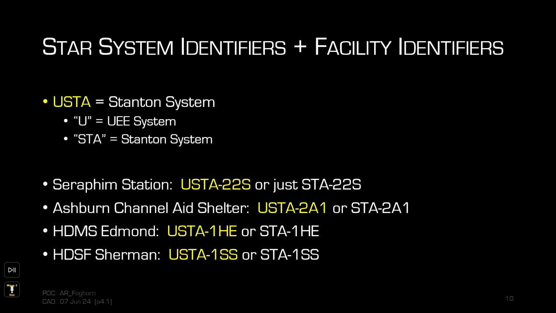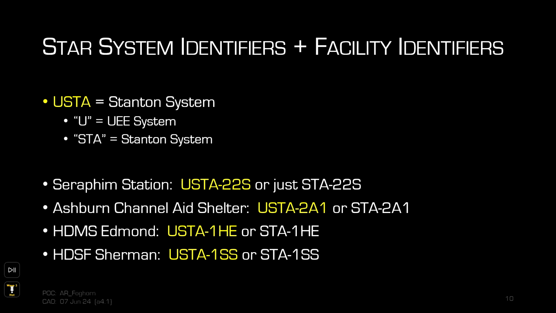The star systems all have 3 digit identifiers, and the leading letter is who has claimed the system. So pretty much everything you're going to be running around in the UEE is going to start with a U, and you can edit off that first leading letter, if you will.